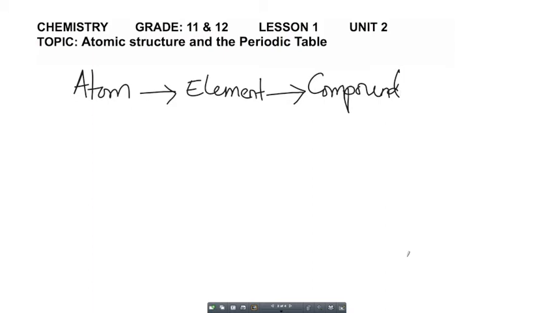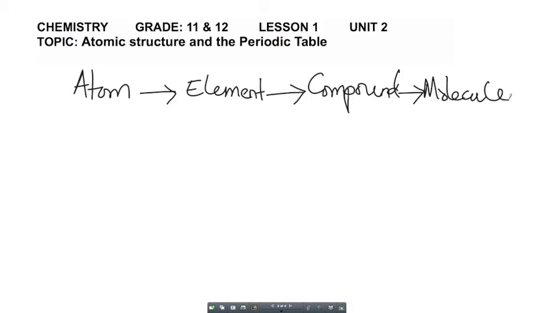All right, we have an atom followed by an element, then a compound, and then a molecule comes in. So this sequence will allow us to contrast between those four terms.